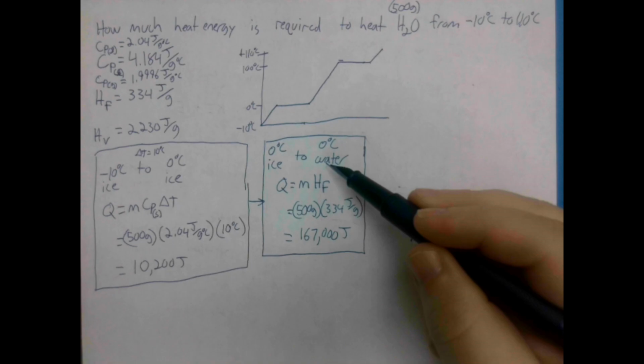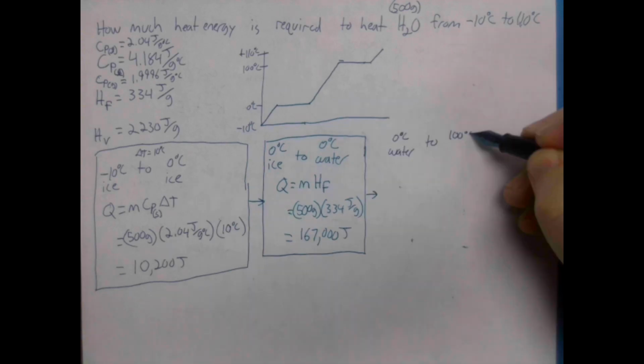Then we're going to go from 0 degrees Celsius water to 100 degrees Celsius water. So we're not changing the phase yet, we're just bringing it to its boiling point. So we'll use the change in temperature formula. We will use the liquid Cp of 4.184.